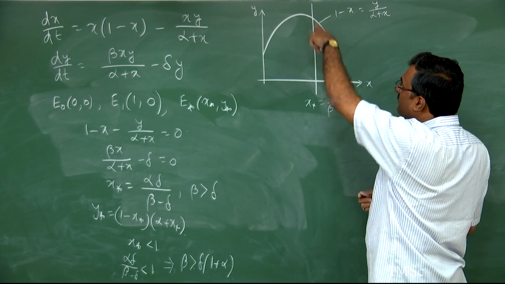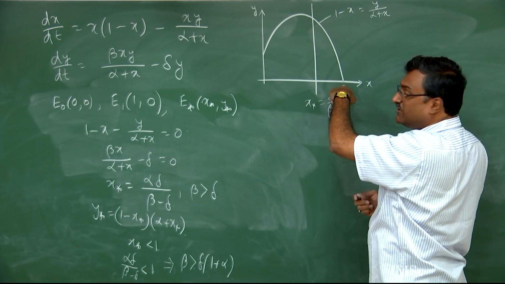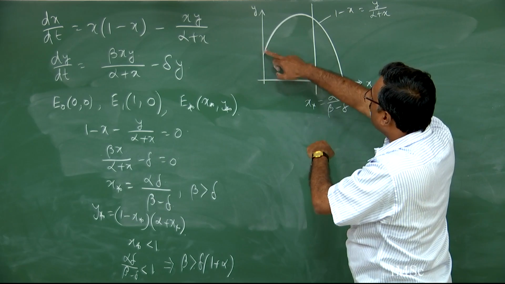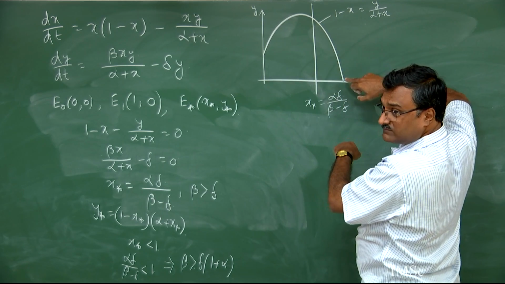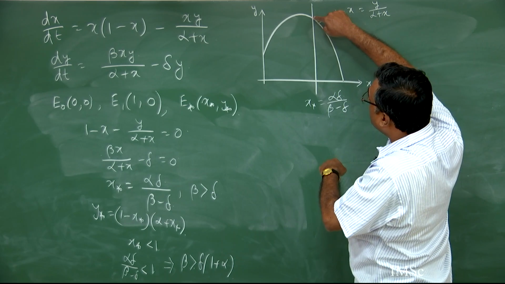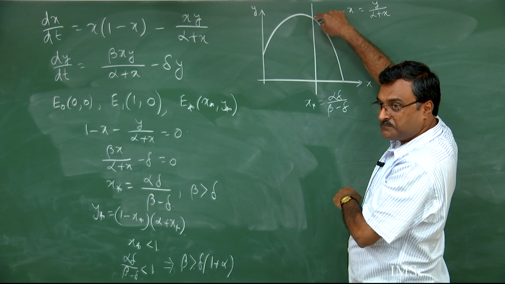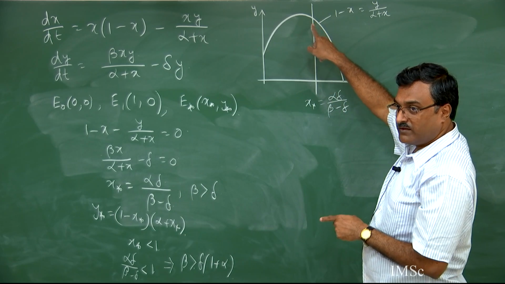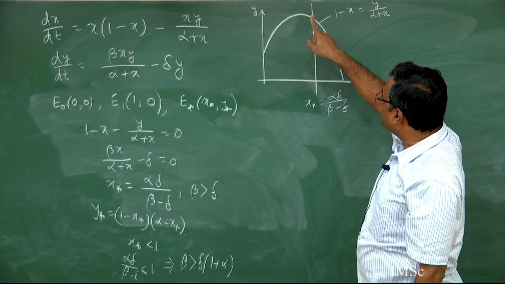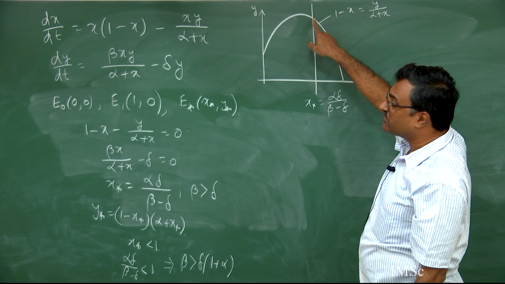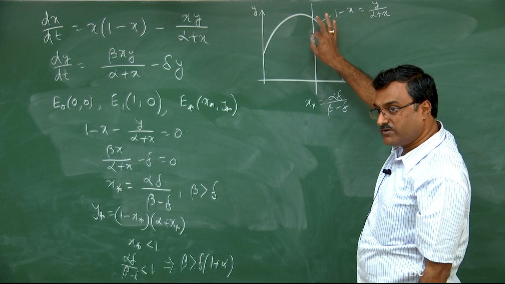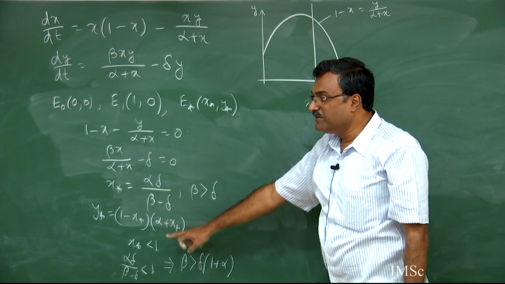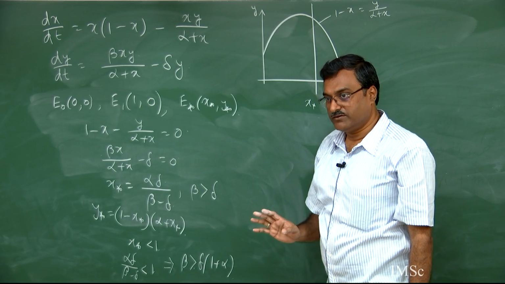So once this particular line is on the left hand side of 1, 0 and this is a continuous curve, there should be one point of intersection. Therefore this condition geometrically ensures the existence of a point of intersection within the first quadrant and hence the feasible existence of the equilibrium point.